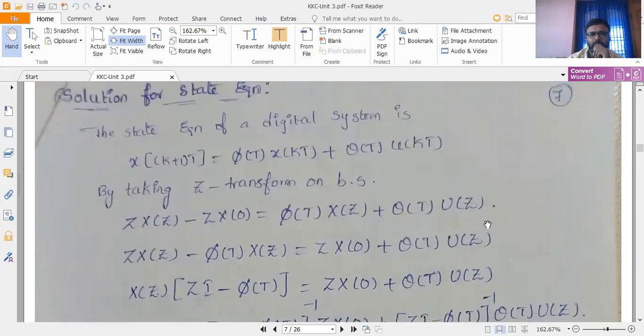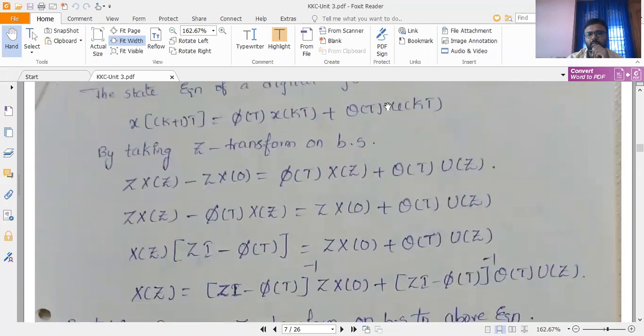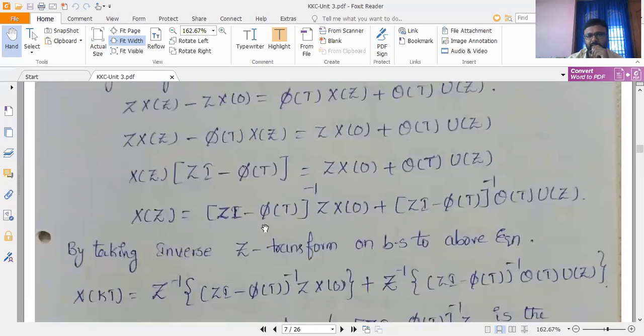Okay, we are going to frame the solution for this particular state equation, which is the connection of sample and hold devices. This is the equation, and we have applied the Z transform to it. We are going to get X(z) as this.